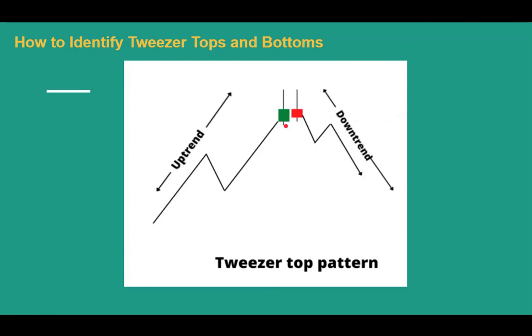Please also keep it in your mind: all these patterns we are talking about in this episode are important if they happen at a very important price level. It can be at a very major resistance or a major support. Then we will put more attention to those patterns which appear at a major support or resistance.